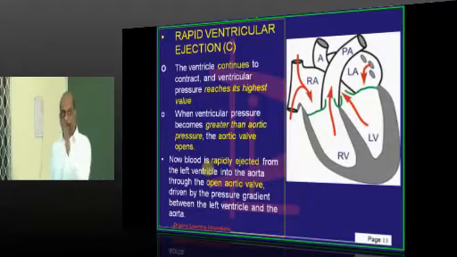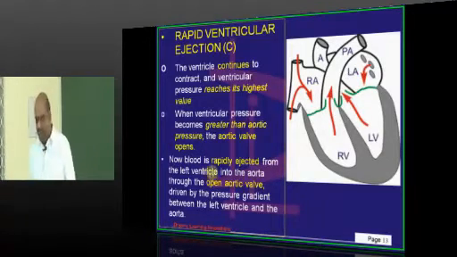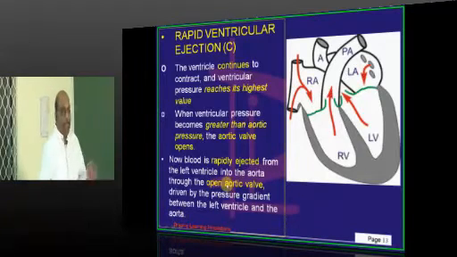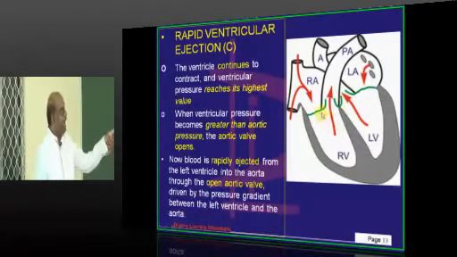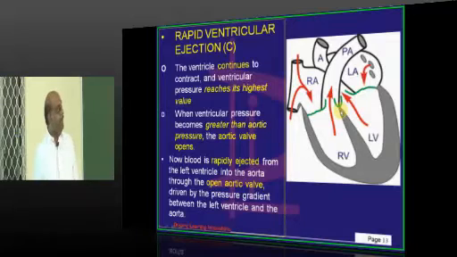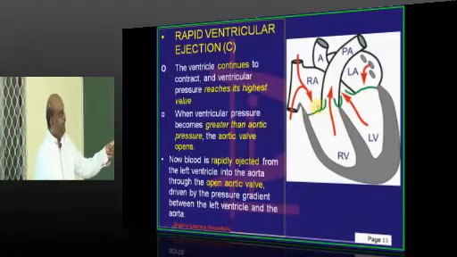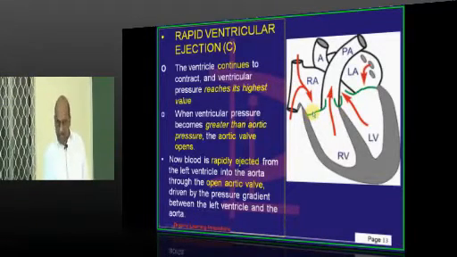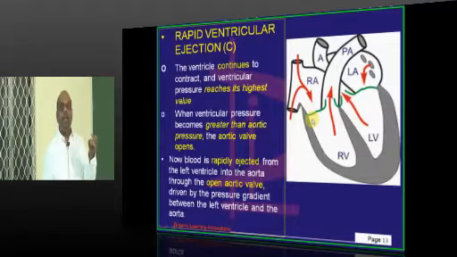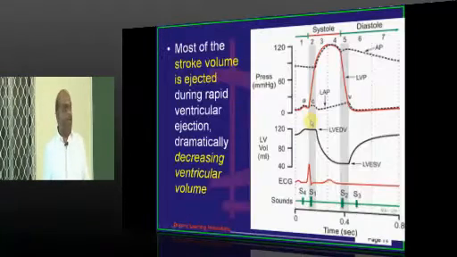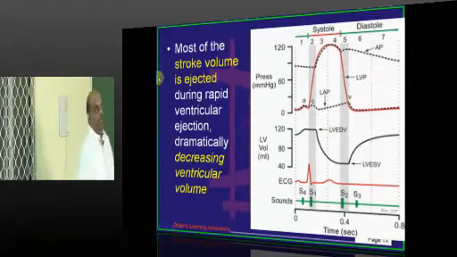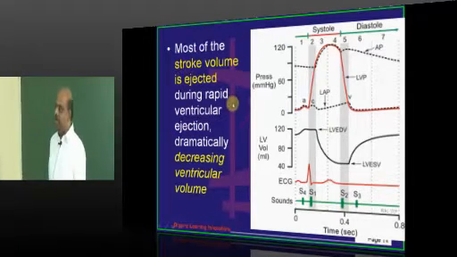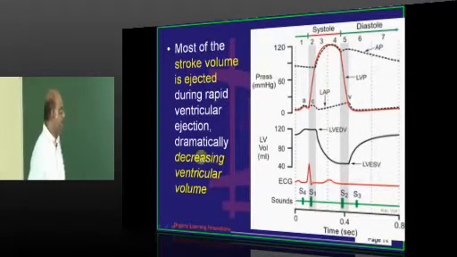During the phase of the rapid ventricular ejection, third phase. Now the blood is rapidly ejected with the aortic valve being open, but the atrioventricular valve being in a closed state. The ventricle is undergoing the systole and vomiting the blood into the root of the aorta. And during this rapid ejection phase, most of the stroke volume is ejected.